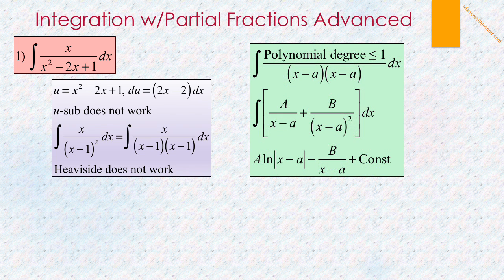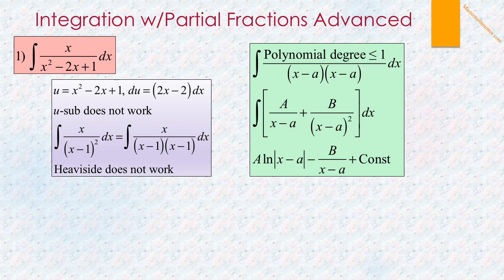However, we can still create partial fractions. When we have an integral in the form of a polynomial of degree less than or equal to 1 over the repeating factor x minus a times x minus a dx, we can write this as the integral of A over x minus a plus B over x minus a quantity squared dx.